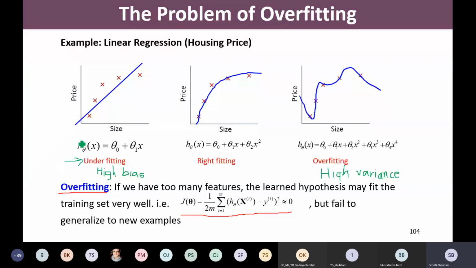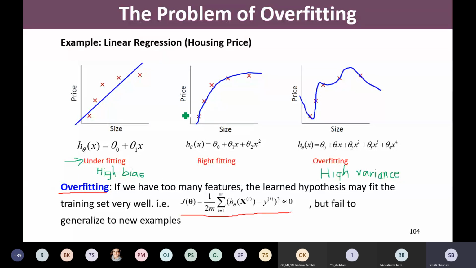We are assuming that as the size goes on increasing, price should also increase, and that is why we assume some kind of linear relationship between the independent and dependent variable, and hence we have tried to fit a line, a linear function. But if we look at the data, the data is something different. Even though we had that assumption, our data is different, and that is why it is not fitting the data. So this situation with high bias is known as underfitting.